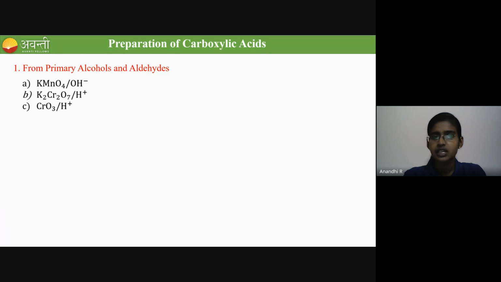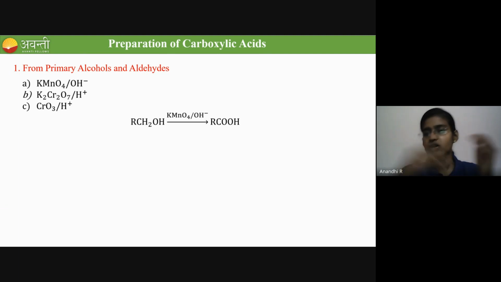So these three reagents are strong oxidizing agents which oxidize a primary alcohol to the corresponding carboxylic acid. What is the formula for a primary alcohol? It is RCH2OH, and it is getting converted to RCOOH.